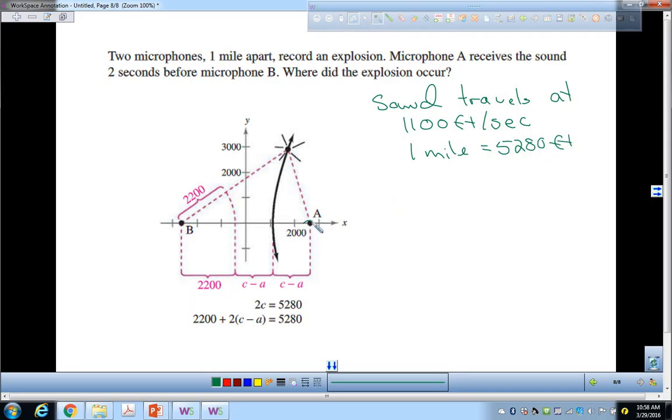So if these are the microphones, how far apart are those microphones? 5,280 feet. That means that the distance from here to here, which is c, is how much? 5,280 divided by 2, which is equal to 2,640, right? 2,640.